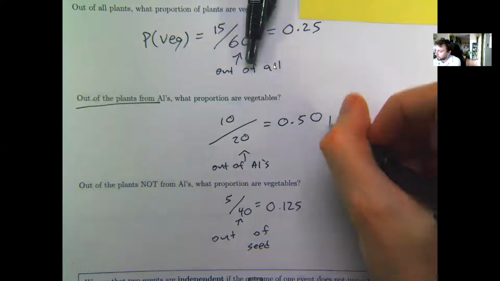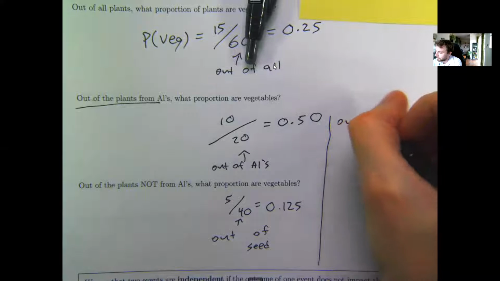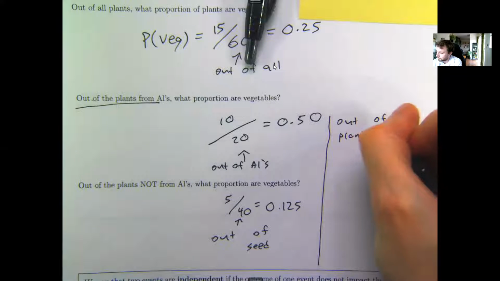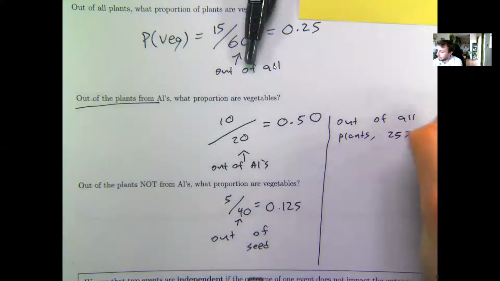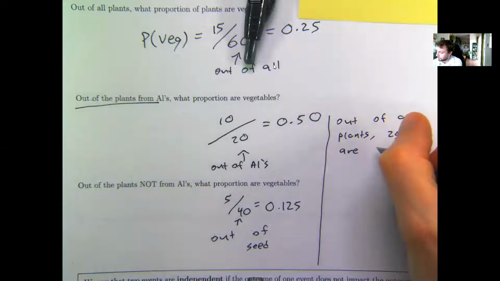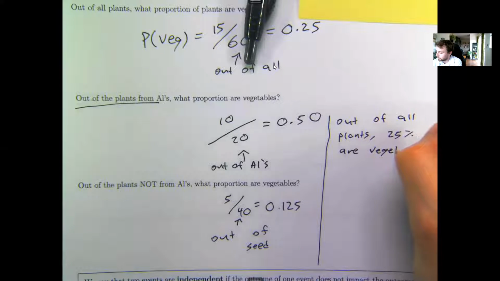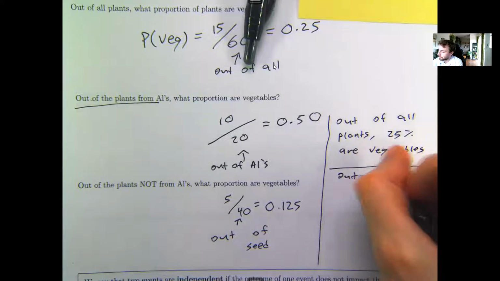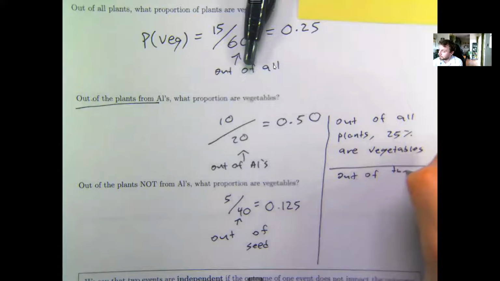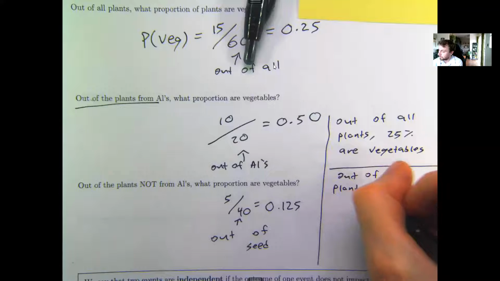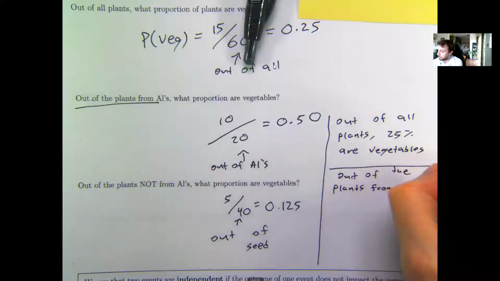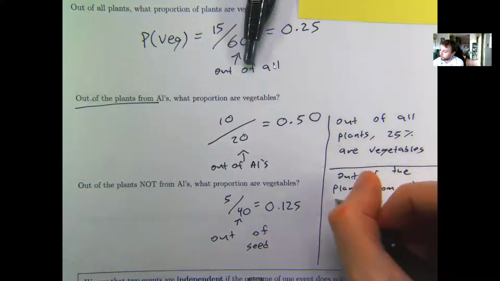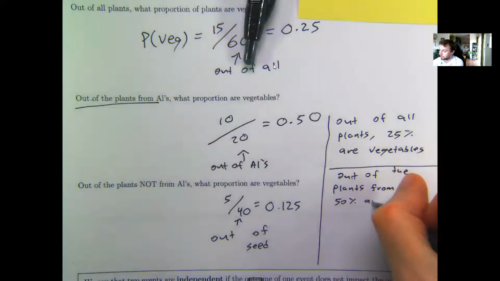So let's kind of write down what's going on here. Out of all plants, 25% are vegetables. Out of the plants from owls, 50% are vegetables.